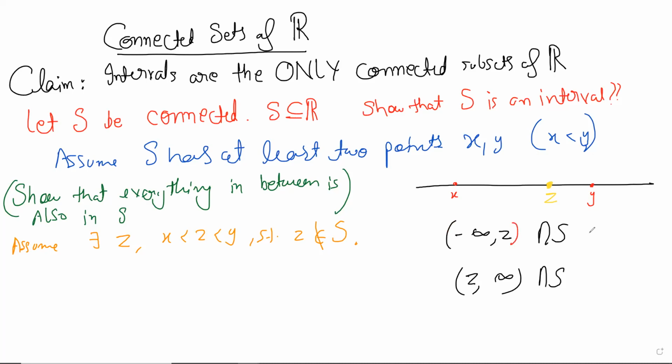So this is your A and this is your B, and these are open, and the union is S. So this implies S is disconnected.